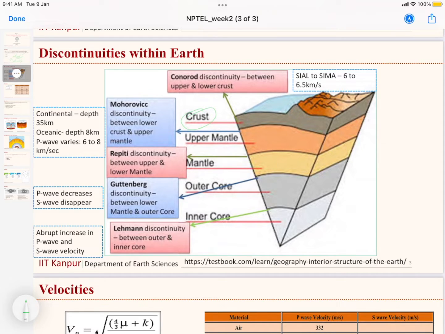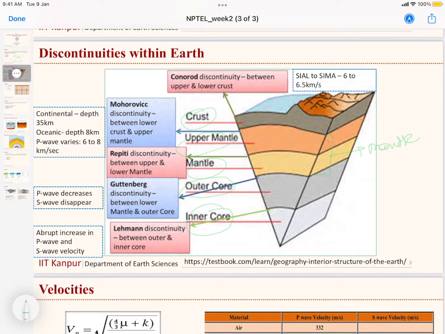Then we have the mantle, and under the mantle we have two kinds of segregation that we call the upper mantle and the lower mantle. So this whole area is the complete mantle. And for the core we also have two kinds of segregation: the first one is the outer core and the second one is the inner core.